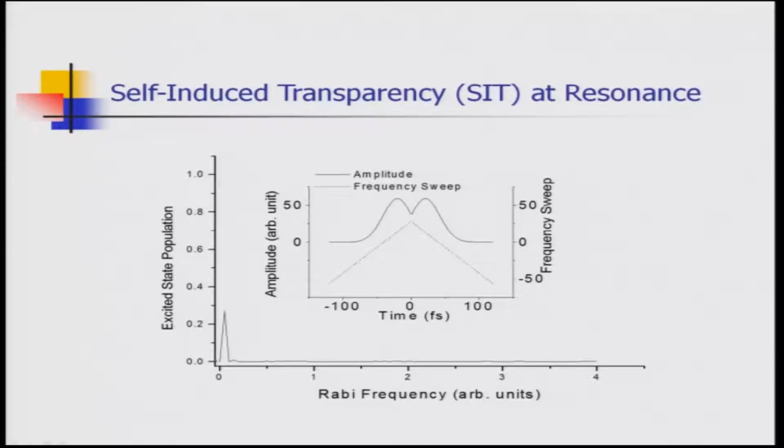So, it is not that the system does not interact with the applied field, it does. However, the interaction balances out in terms of bringing the system back down to its ground state by cycling it through.